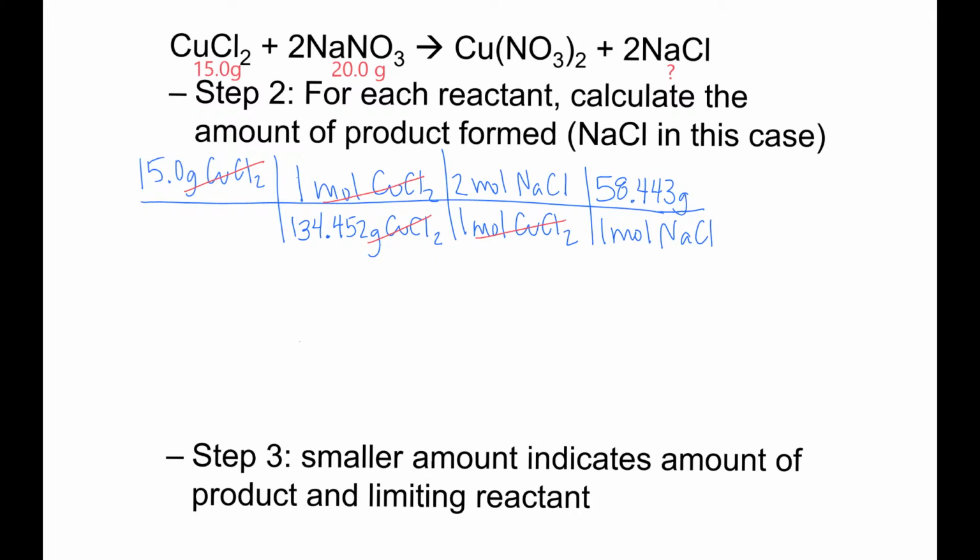Let's go ahead and get rid of some of this line. Okay, that's not working. When we put this number in our calculator, 20 times 58.443 divided by 84.994, I get 13.7, sorry, it's 13.8 grams NaCl.